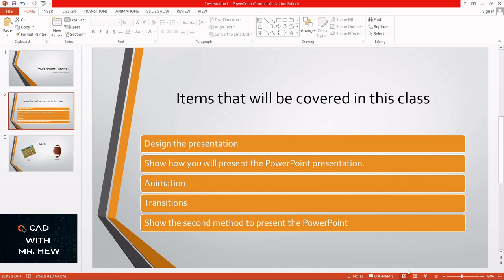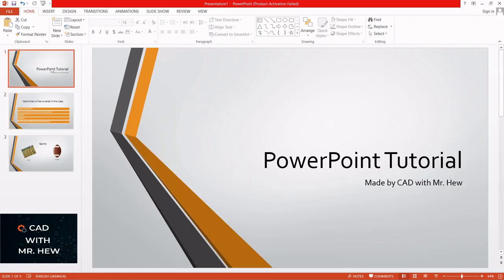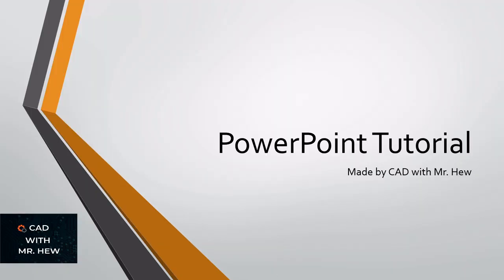If we come down here, you'll actually see the slideshow icon down here, right? So what you have to do, you have to click on the first slide that you want to start the presentation at, right? So then you're gonna come down here and you click slideshow, and here you would be able to see the slideshow, right?